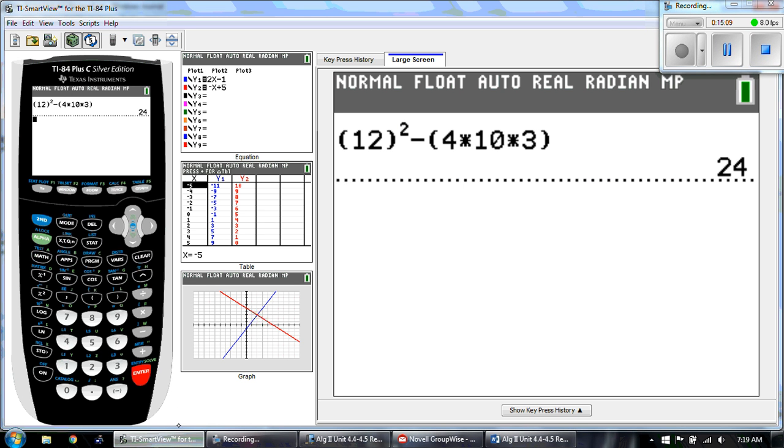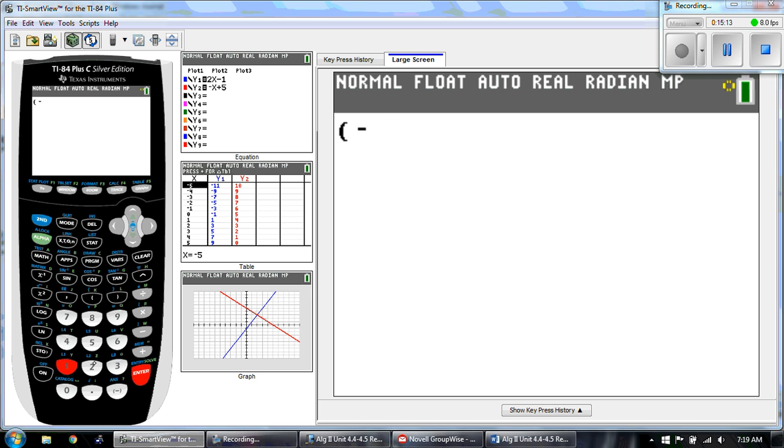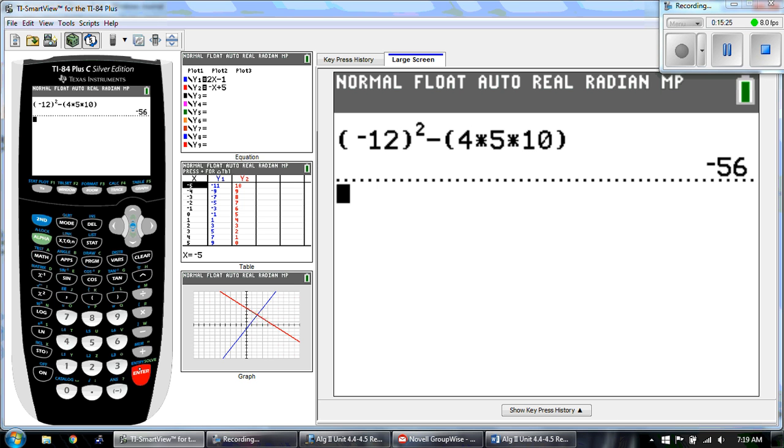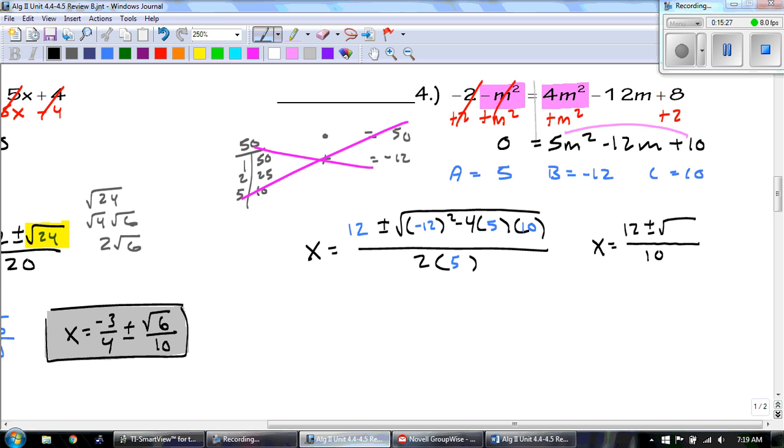This time, underneath the square root, we have negative 12 squared minus 4 times 5 times 10, and we get negative 56.